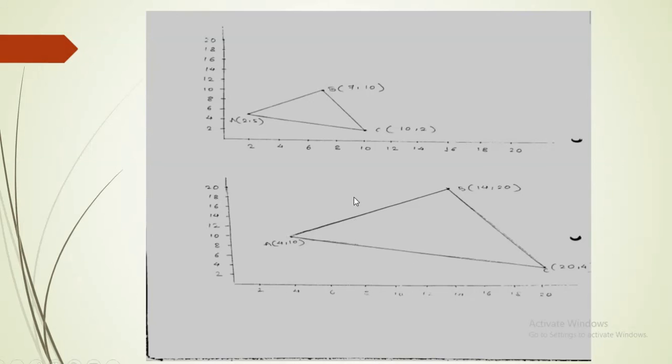We plot them over here, and we see that this image is small and this image is double. The given Sx and Sy is 2, that is, we multiply these coordinates by 2 and we get the answer A dash, B dash and C dash, and this is our image after the scaling transformation.